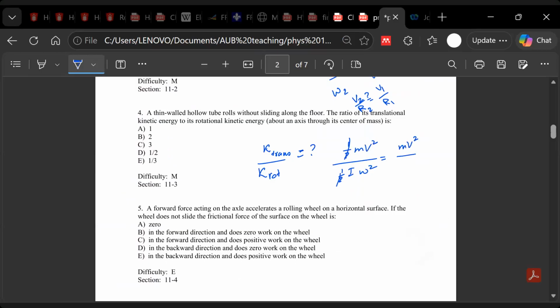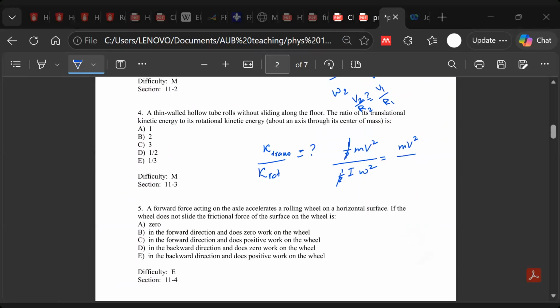This is a thin-walled hollow tube. So I'm gonna go to my table of rotational inertia. Yes, the table as it is given in the exam, yes. Here it is.